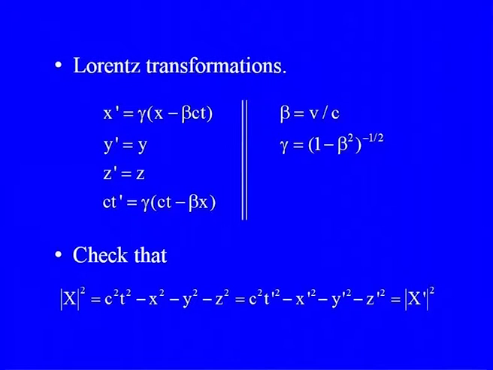The norm of a four-vector is invariant when you go from one frame to another. Just as an aside, we can also recall that the norm of a three-vector is also invariant when you change frames.